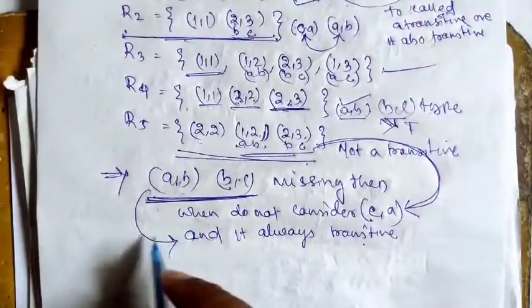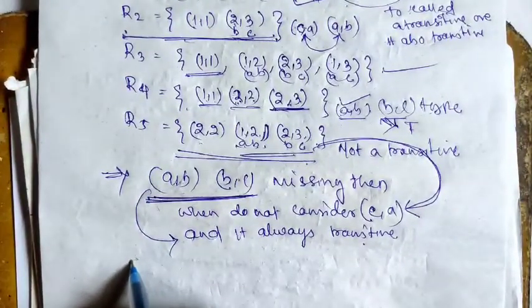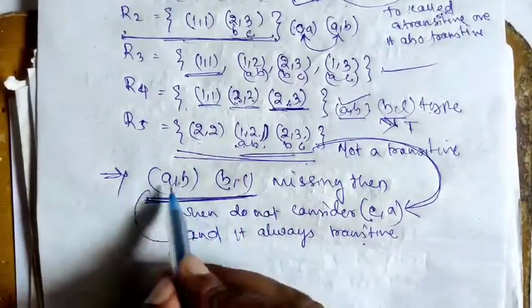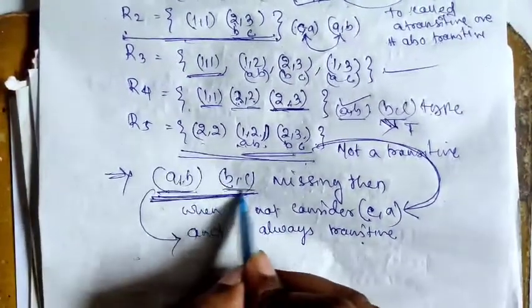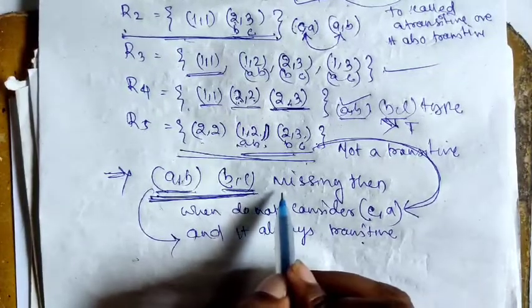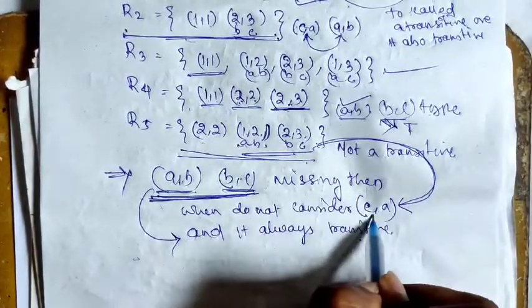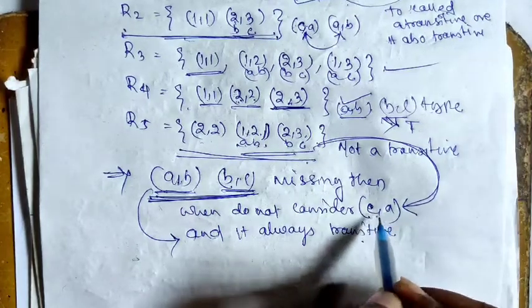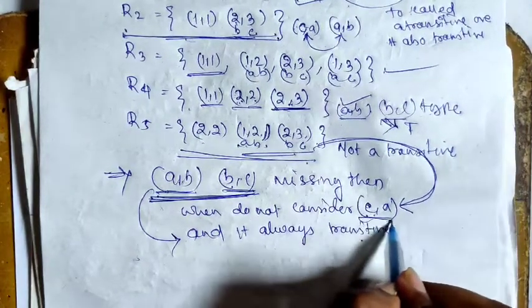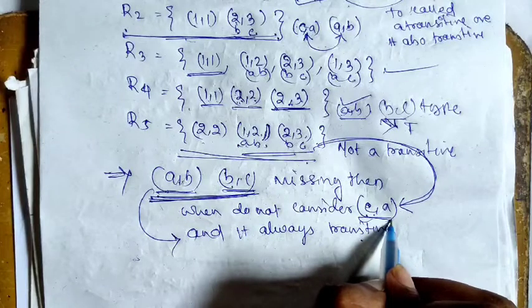So in summary, if a relation has AB and BC, then we check whether CA is present or not in that relation. If CA is missing, then it is not transitive, and if CA is present, then it is transitive.